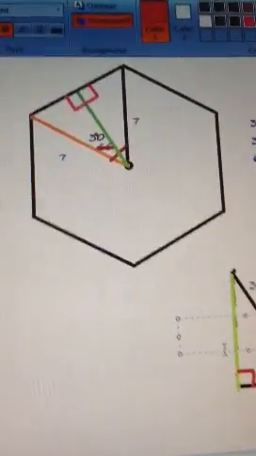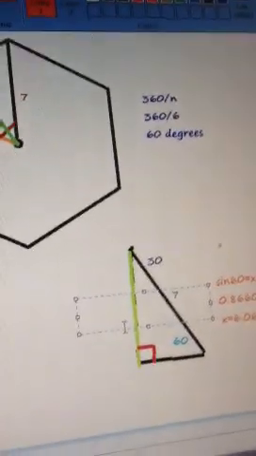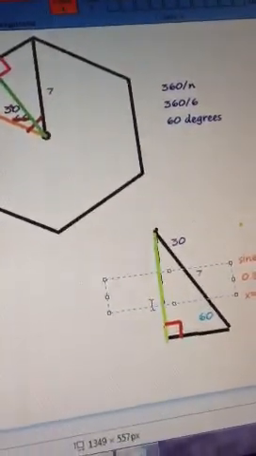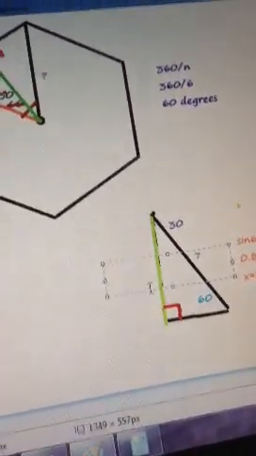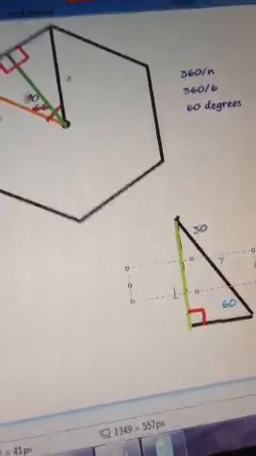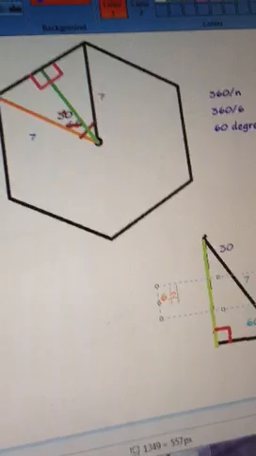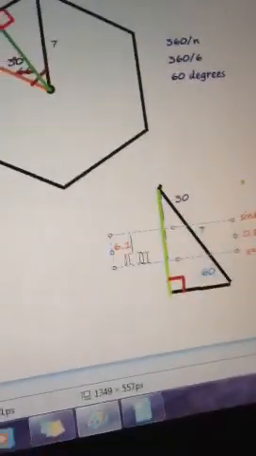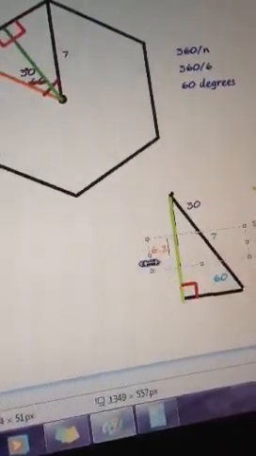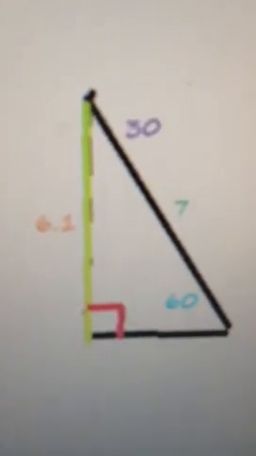The problem said to round to the nearest tenth, so that would be 6.1. So we put 6.1 there. And since we know the green was our apothem, we're done. That's the answer to your apothem problem.